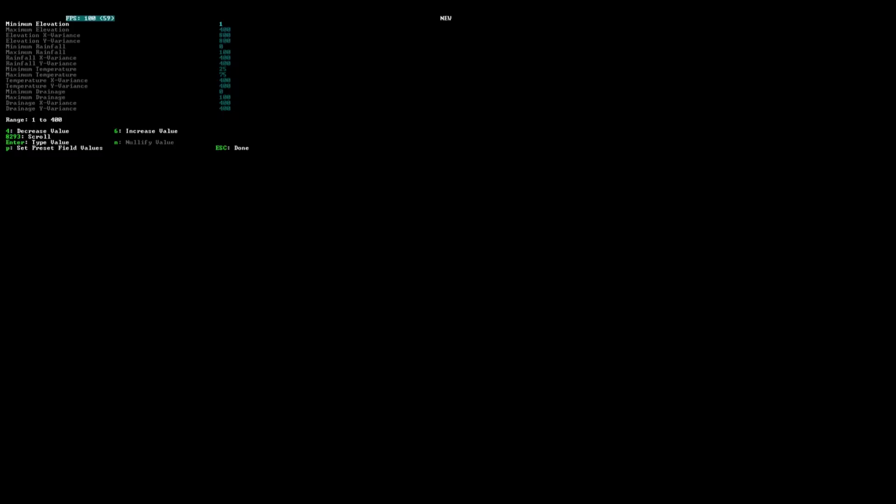For example, if these values are set to the maximum of 3,200, which right now they're at 800, but the maximum is 3,200 for the elevation, then you will end up with more very low areas right next to very high areas. So you could have mountainous areas right next to savannas and deserts and everything. It could be a mix. It would be a mess, especially during adventure mode.